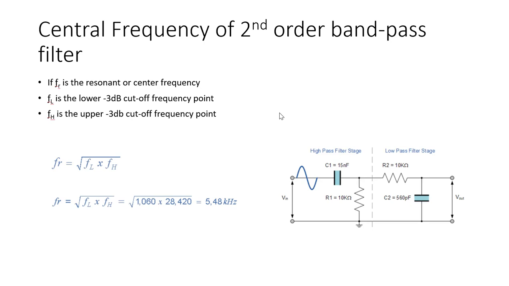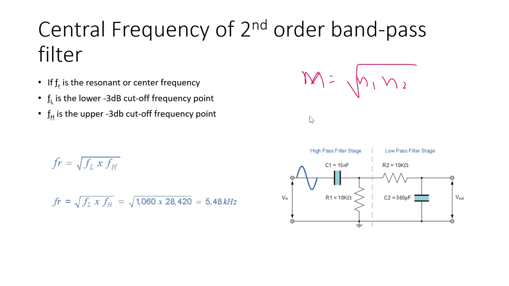Central frequency of second order band pass filter is very much important, because this is the frequency at which the circuit is tuned. You can pass a signal on this point with a very better performance, so this will not be attenuated. So central frequency is actually the geometric mean. Geometric mean between two numbers is calculated as m is equal to n1 and n2 under the root.